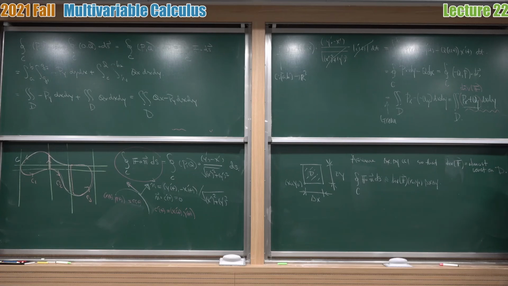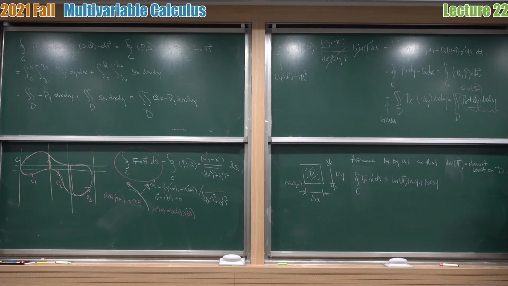Okay? So this gives lots of interpretation. So you can interpret the flux from this argument, and also you can interpret the divergence from this argument.